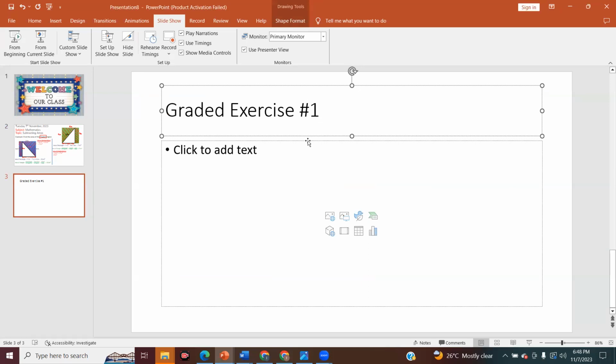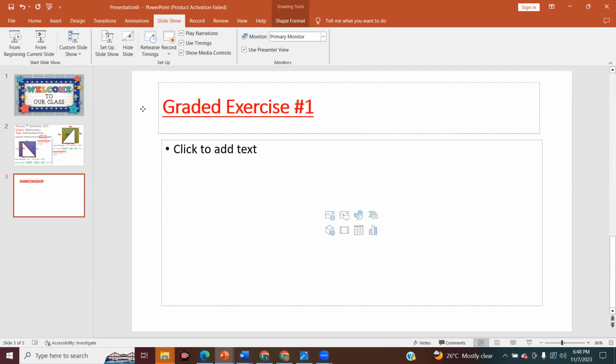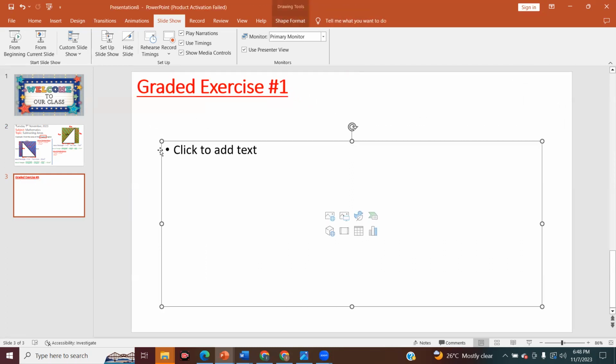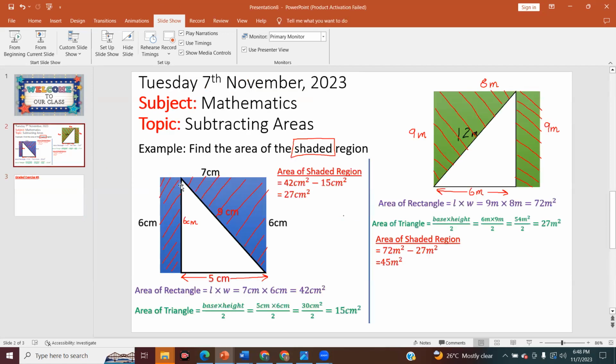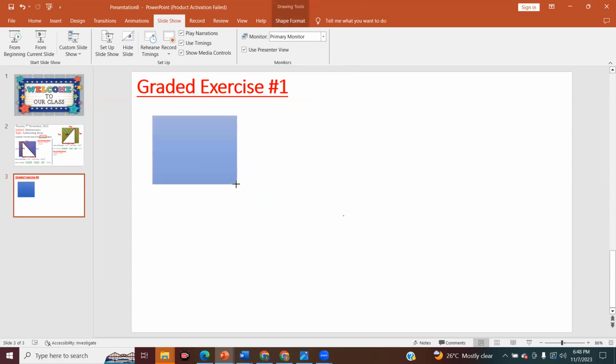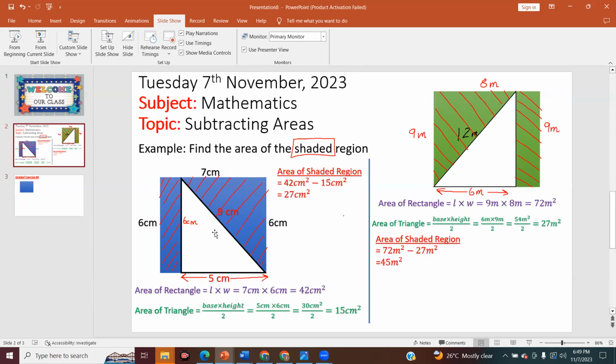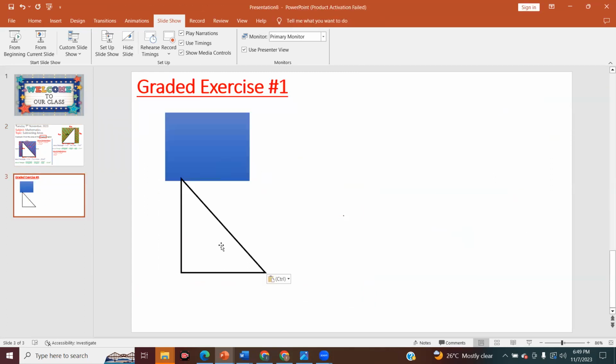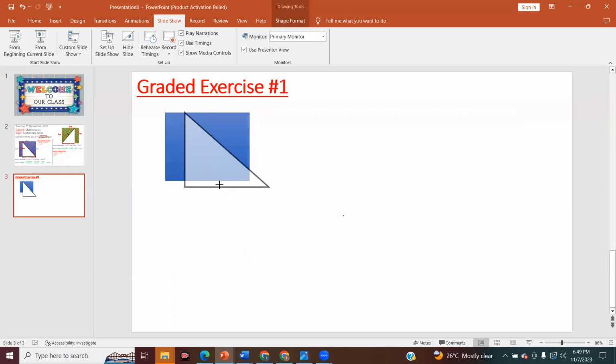Number 1. We have a right triangle. By the way, these are right triangles.